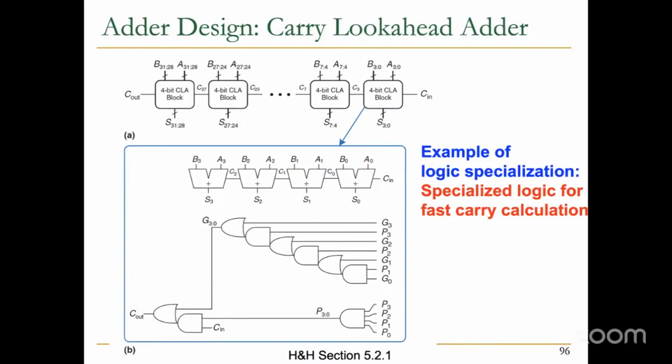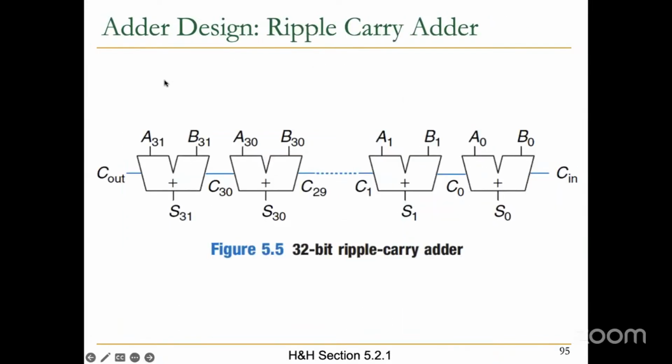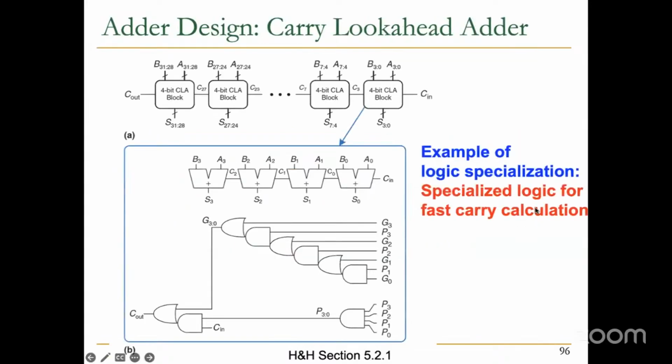Sum generation is not a problem. Well, I guess sum generation is a problem also because you're waiting for the carry. But basically, the critical path is really the carry generation. So if you accelerate the carry generation using some specialized logic, you can actually start some of the later sums earlier, maybe speculatively, because you don't know the exact carry, potentially, or maybe non-speculatively also.